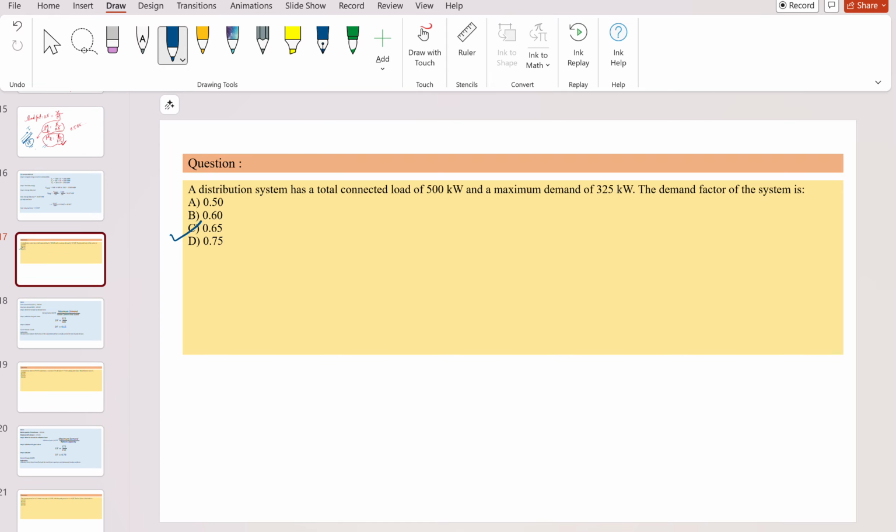I will give you 10 seconds only. We have already seen this type of problem. When you see the demand factor, basically we have already seen that it is the total maximum demand divided by connected load.